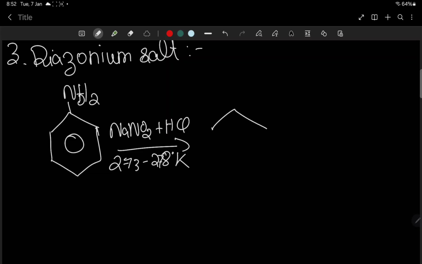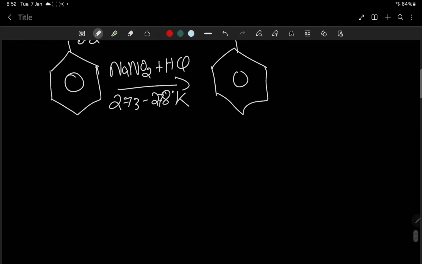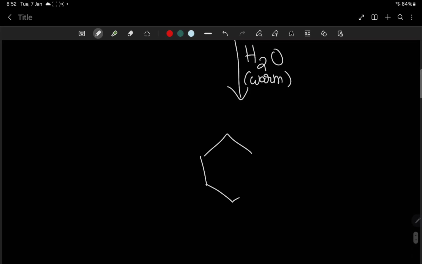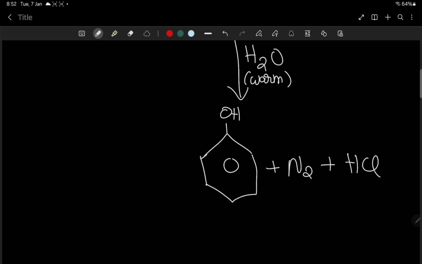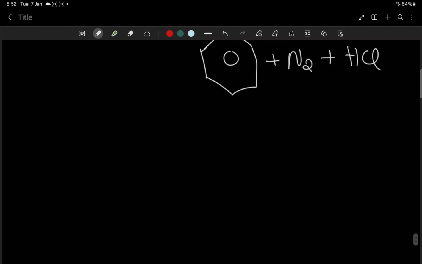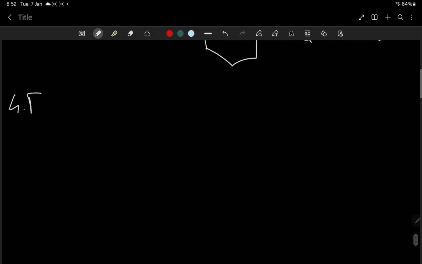We get what? Diazonium salt, that is N2 plus X minus. Into this, just add some water, warm water preferably. What we get is phenol, OH, plus N2 plus HCl. Okay, now this is the next method. It's the most important too. Now next one is from cumene.